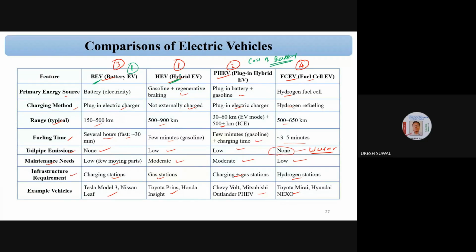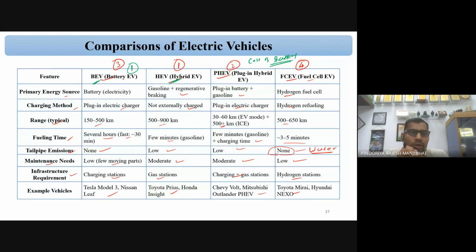Yes, sir. So maybe, as per your knowledge, you can say a battery operated electric vehicle is cheaper, but technically it is not cheaper because the cost of the battery is too high. Maybe what we can do is compare technical parameters and practical application.